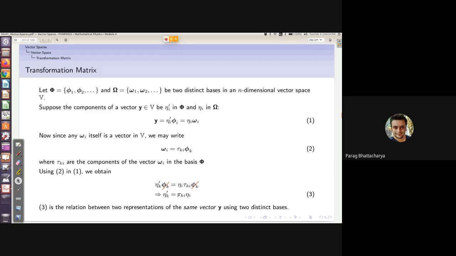In other words, this tau ki gives us a way to transform from one vector space to another vector space. It has got two indices, k and I, so this tau can be represented as a matrix. That's why this is our transformation matrix.